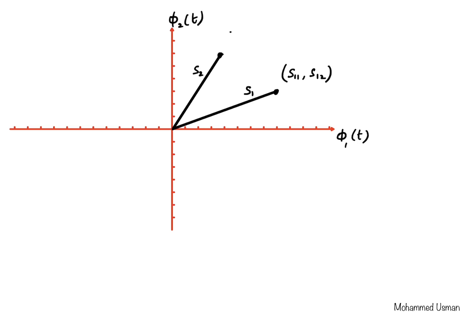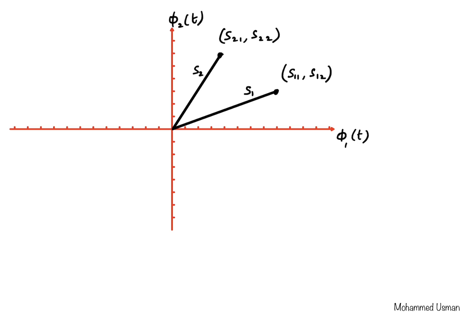Similarly here, this point for the second signal is S21 comma S22, right? So that's the x and y coordinates of those points. Now we are representing our signals as vectors.